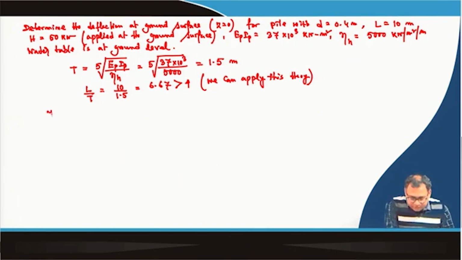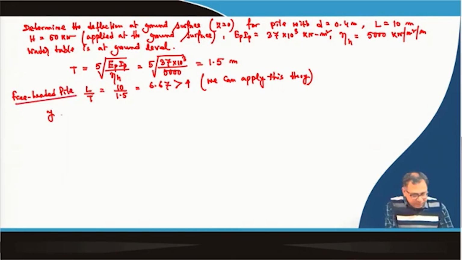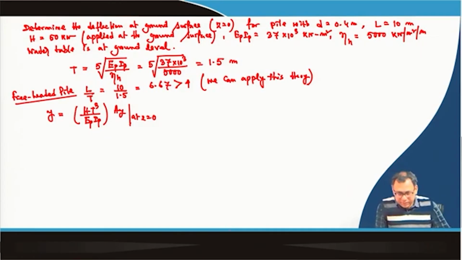So, now the deflection for a free headed pile is h t cube divided by E p I p into A y at z equal to 0. We have to determine it at the surface, and we are not taking the moment contribution, because moment is not applied here.